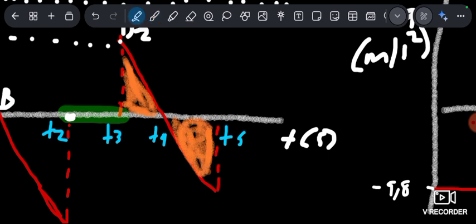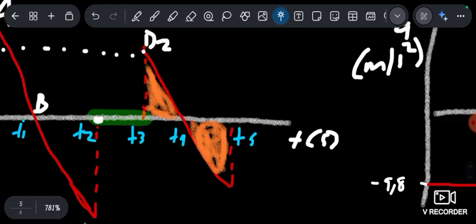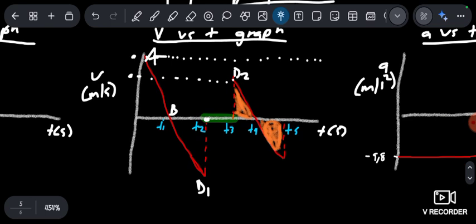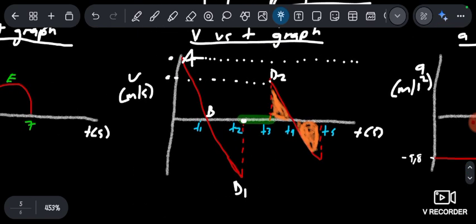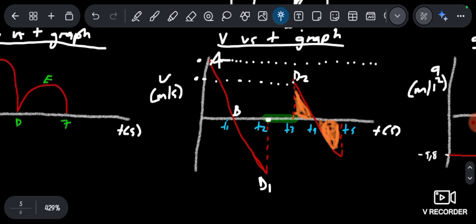Meaning to go from T3 to T4 will be the same thing as to go from T4 to T5. See, the scenarios are repeating themselves, just that now you have two or three scenarios in one scenario, if you get me. So now you have many scenarios compiled in just one question.